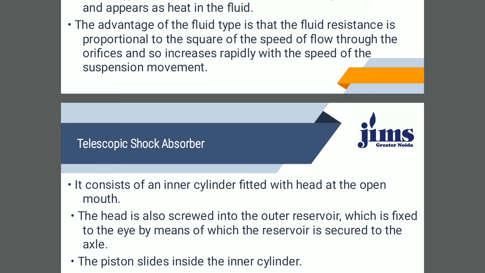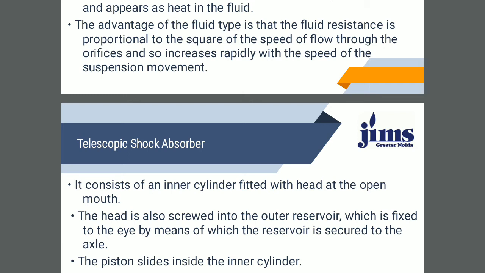This allows the displaced oil to escape to a reservoir in between the inner and outer tubes. When the piston rises up again, the oil is returned to the inner tube. This is all about the principle of the shock absorber, how it works.